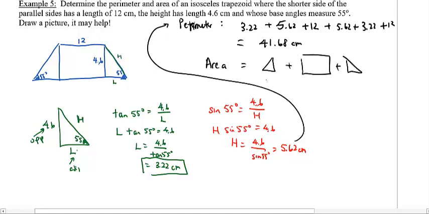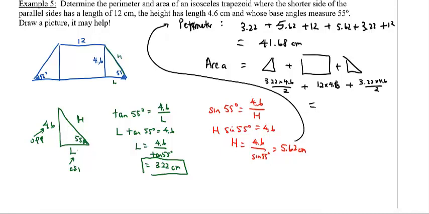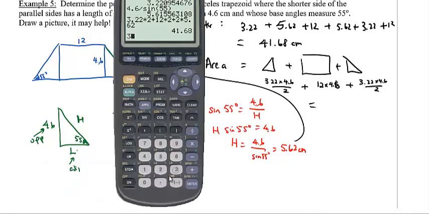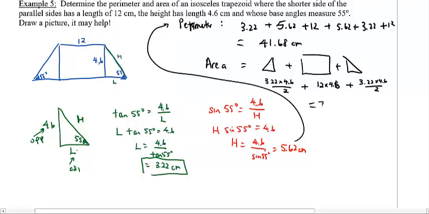Area now, notice it's made up of the 2 triangles plus the rectangle. The triangle area, once again, is length, 3.22, times height, 4.6, divided by 2. The rectangle is just 4.6 times 12. So let's see what we get here. 3.22 times 4.6 divided by 2 is 7.406.